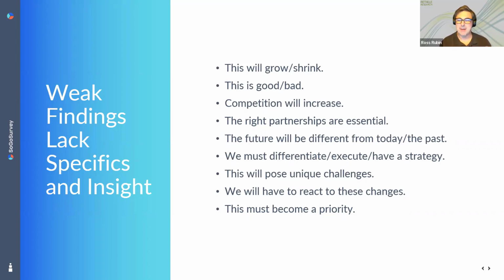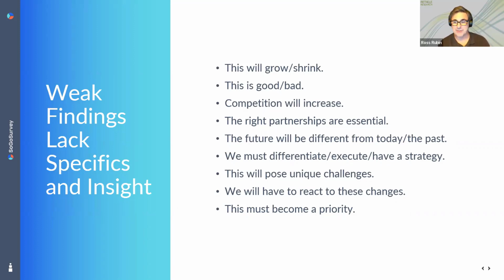I mean, just think about it: if you find yourself leading with one of these kinds of findings, you may want to ask yourself, when is this not true, without adding more details? Something will pose unique challenges. Well, all challenges in some way are unique. This must become a priority, right? You're often trying to make the case for something.